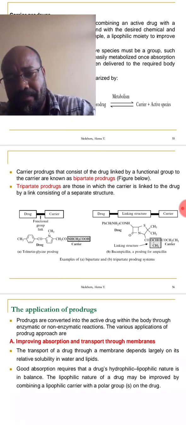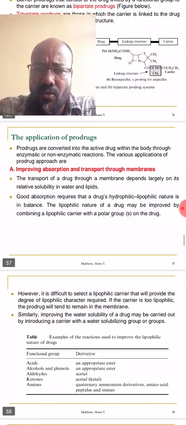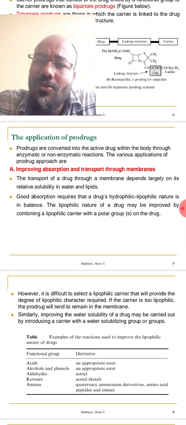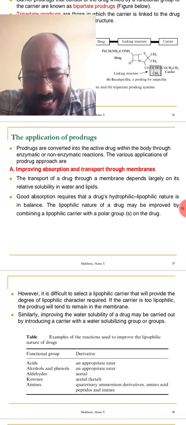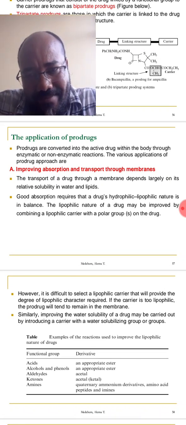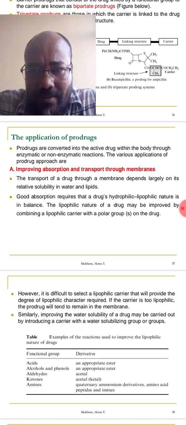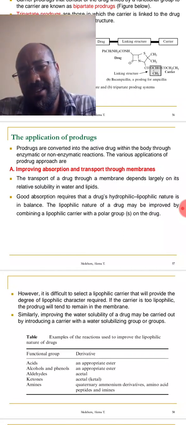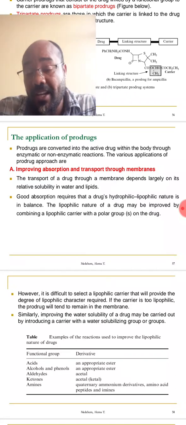The first one, the objective or application, of why we use prodrugs, is to improve absorption and transport through membranes. Therefore, to increase the transport. For example, we have lipid-soluble drugs, also hydrophilic drugs.